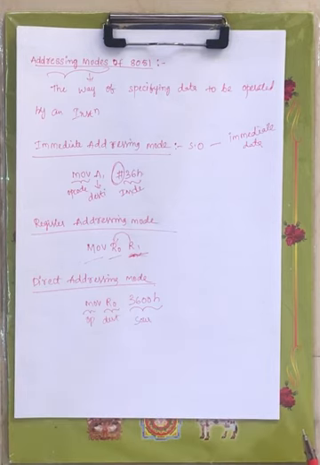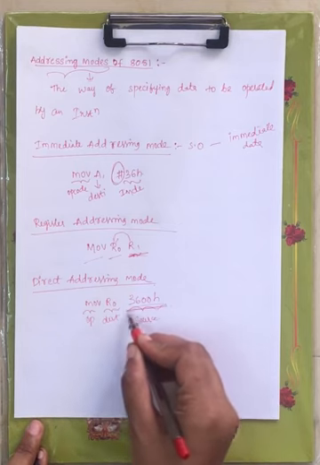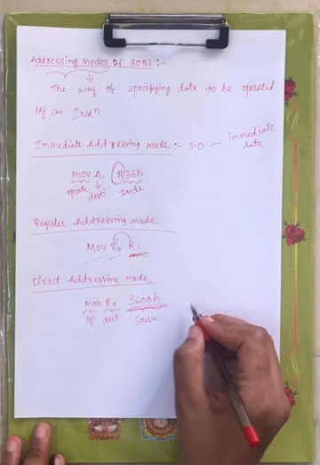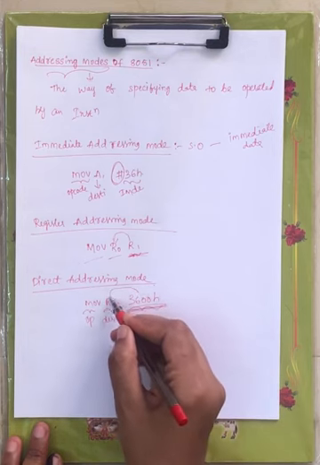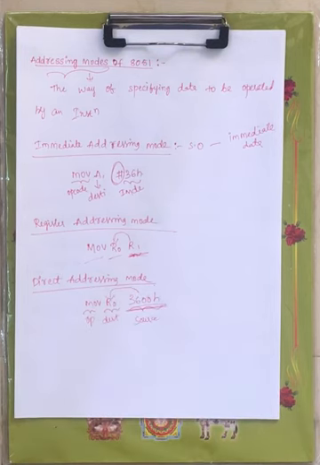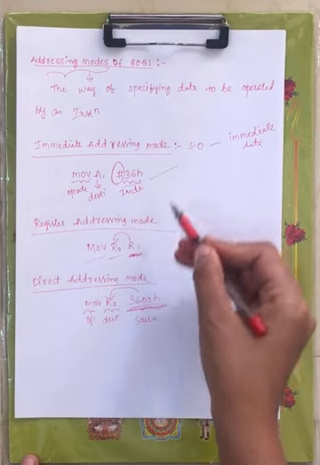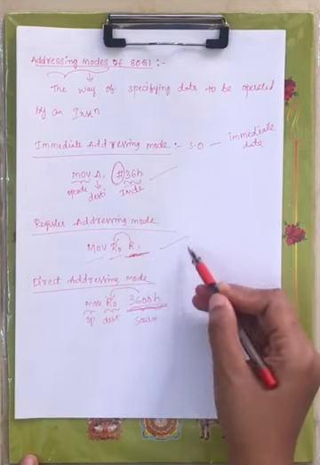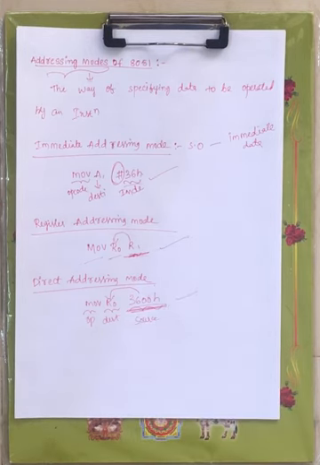In direct addressing mode, the source operand is a memory location. Whatever data is stored in this memory location is moved to the R0 register. In the first case the source operand is immediate data, in the second it is a register, and here it is a memory location directly specified within the instruction.